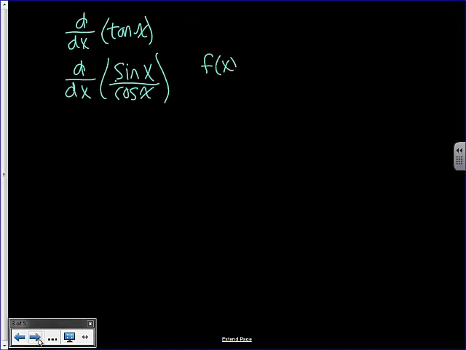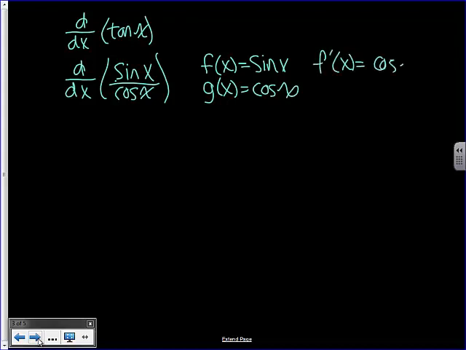So f of x is sine x, g of x is cosine x, f prime of x equals cosine x, g prime of x equals negative sine x.